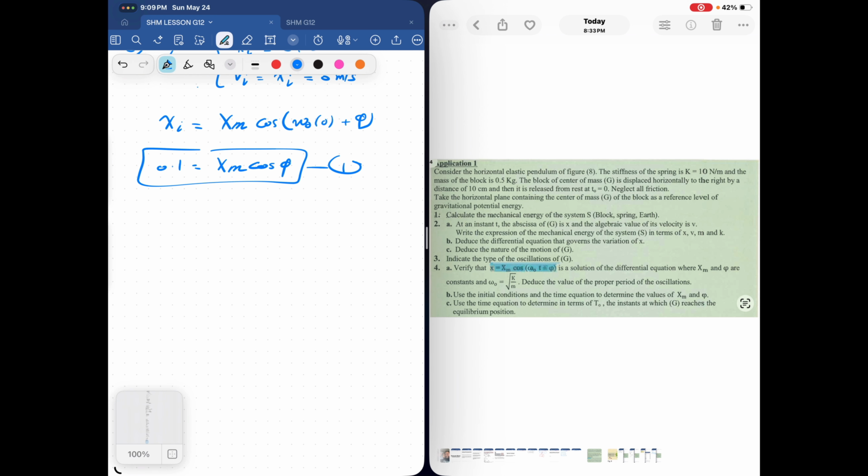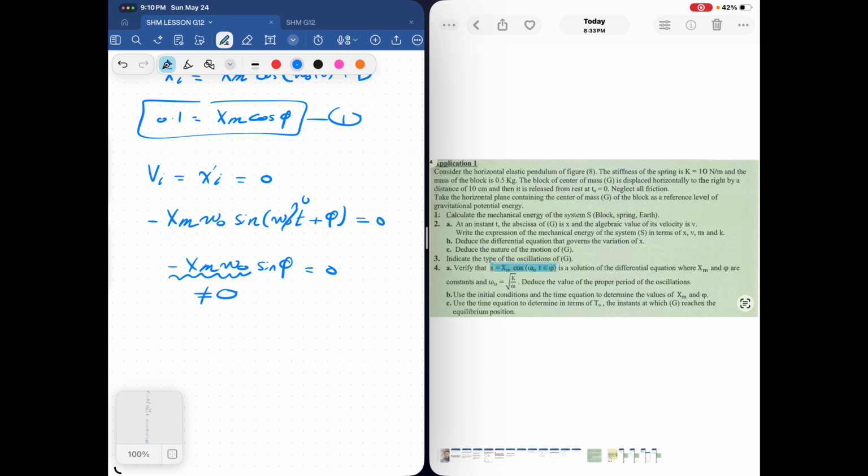And since the velocity initial, or x prime initial, is equal to 0, we know that minus xm w0 sine w0t plus phi, or w0 multiplied by 0 plus phi, is equal to 0, and thus minus xm w0 sine phi is equal to 0. Now obviously the maximum position and the angular frequency are not equal to 0, then sine phi is equal to 0.